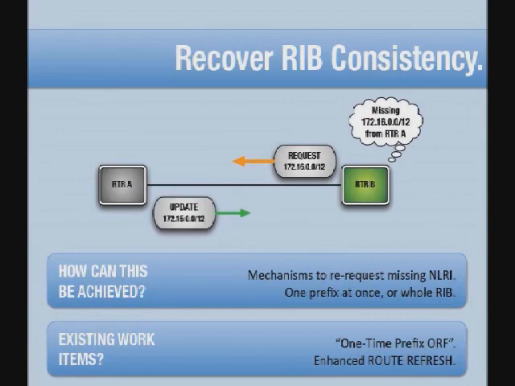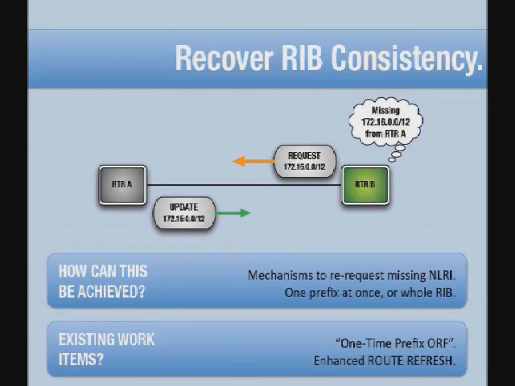So if we can ask with a filter, I just want this prefix again, please, then maybe we can leverage a different code path, or we can re-receive that prefix. And we knew what the prefix was because we could parse the NLRI, because otherwise we couldn't have treated it as a withdrawn set of reachability information. The other way we can do it is to ask for the whole RIB, and Keyur Patel from Cisco has put together a draft that gives us a consistency.